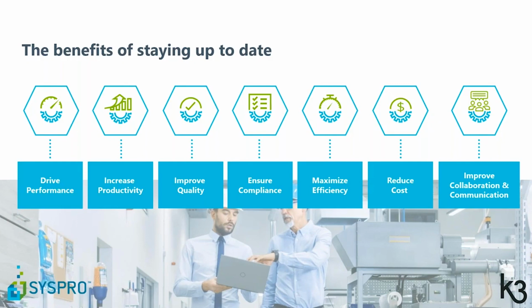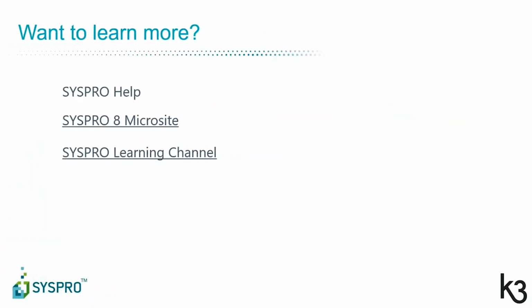So we talked a lot about things that are introduced in the new version. Nick's showcased quite a bit of functionality for you, but you still have questions. You want to know more. So what we want to do is make sure that you know where to go. If you're already on 8, you can click on F1 and go to the SYSPRO help. You will be able to get additional information on the new functionality, as well as what else is available from a new feature set.